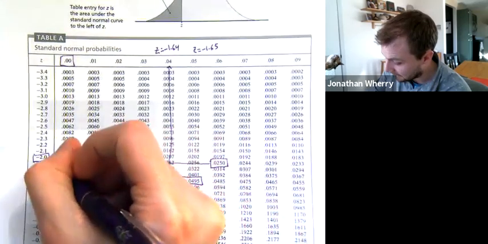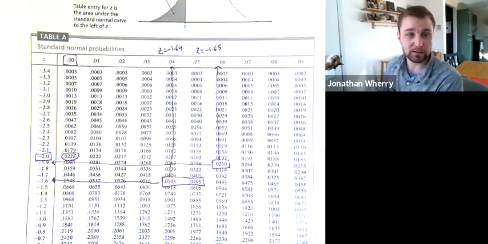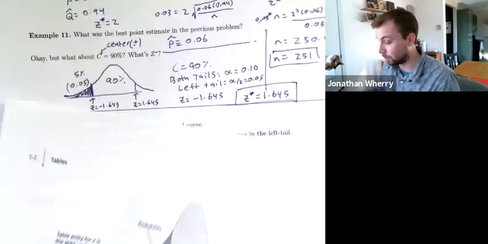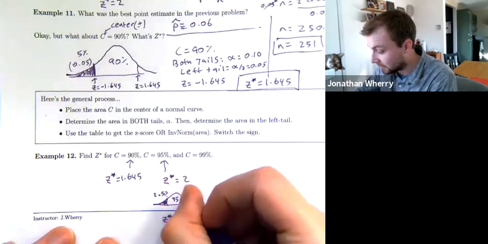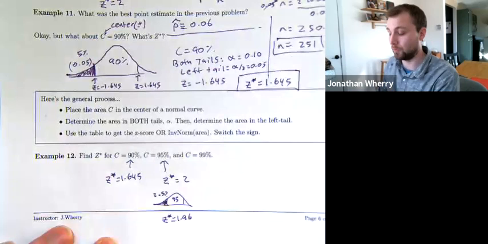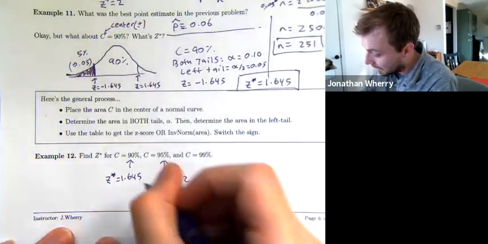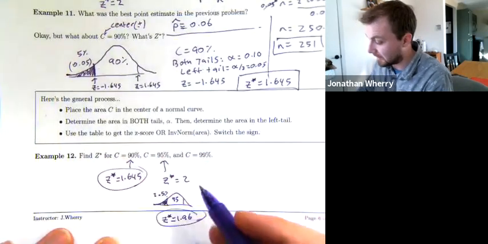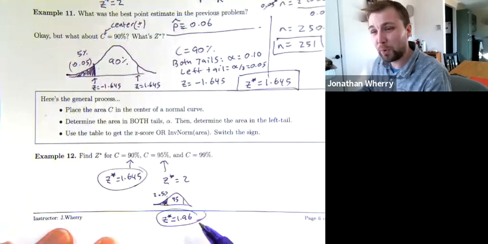That happens at negative 1.96. So my z-score, even more accurate than 2, is actually 1.96 standard deviations away. I'll allow you to use either one of these critical values when you're working with 95%. I think 2 is easier when you're trying to do some math on the fly, but 1.96 is going to be more accurate.